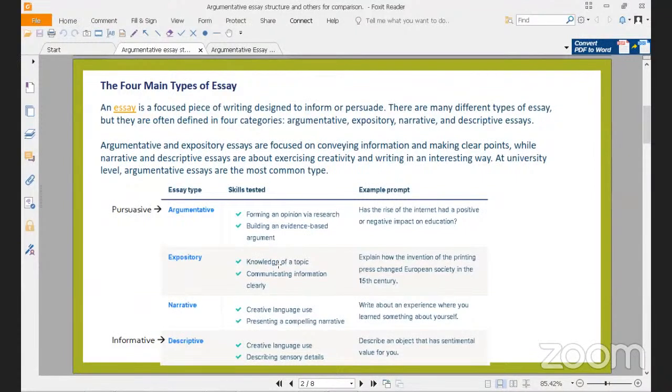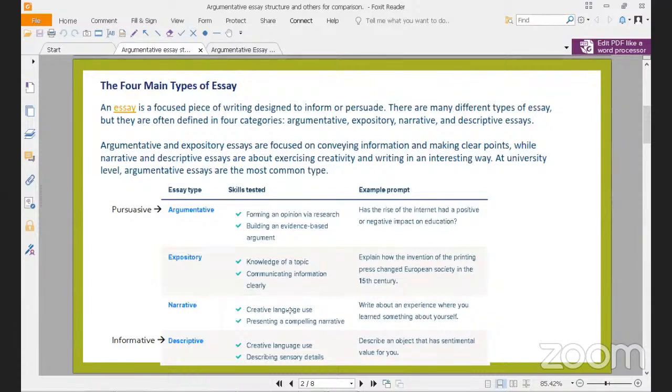Expository, knowledge of a topic, communicating information clearly. And the example prompt: explain how the invention of the printing press changed European society in the 15th century. Very easy.